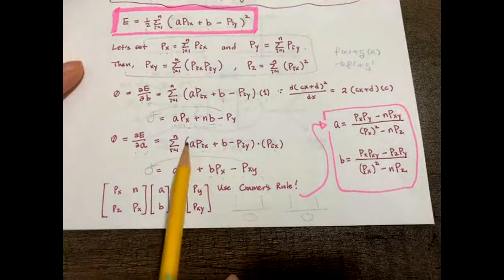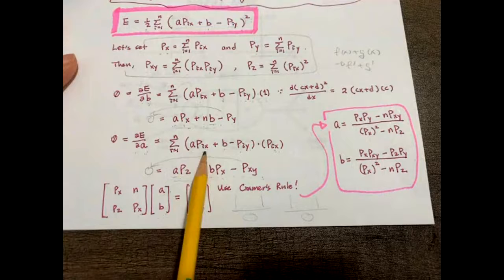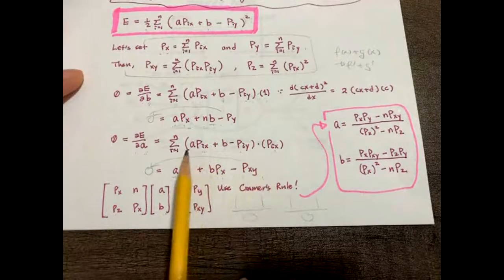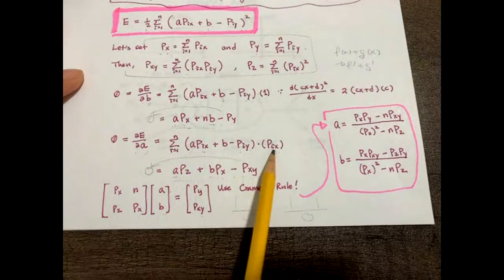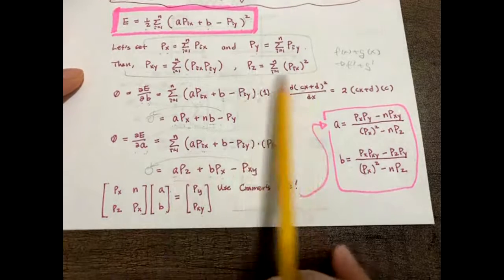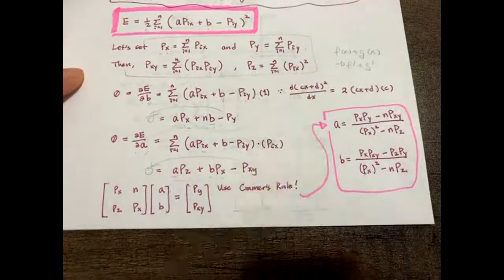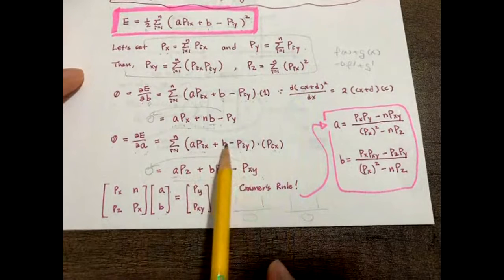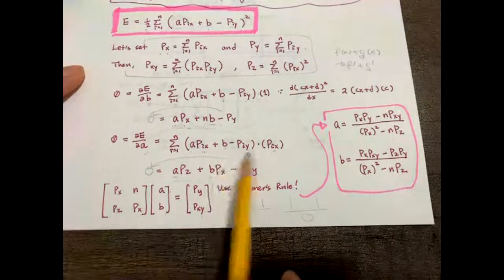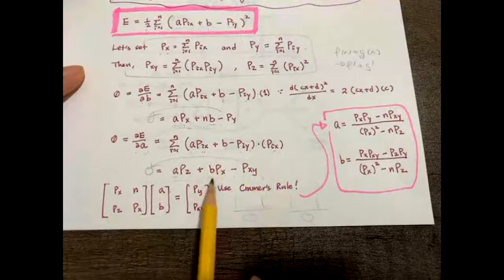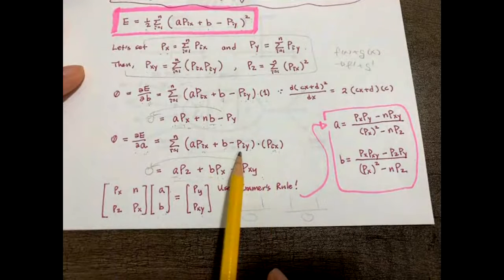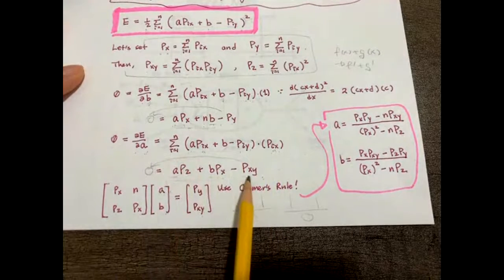Then if we simplify, a times sigma p sub ix, there's another p sub ix. So a times p sub ix, p sub ix. If you simplify that, you can say a times p sub 2, depending on our definition with the setup. Then plus b times p sub ix. Sigma will be b times p sub x, and minus p sub ix times p sub iy sigma, so p sub xy.